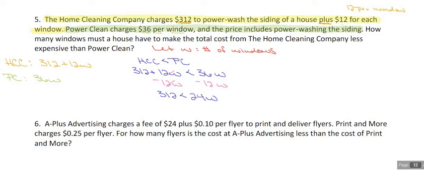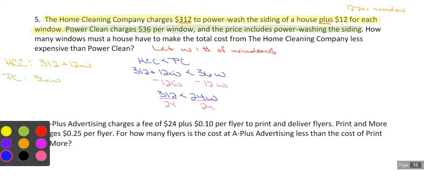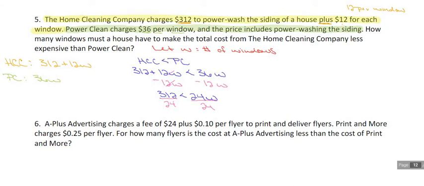And we want to make sure we get our math right here when we're going to divide both sides now by 24 to solve for W on the right. 312 divided by 24 is 13. So keeping everything in line, 13 is less than W, which therefore means W is greater than 13.